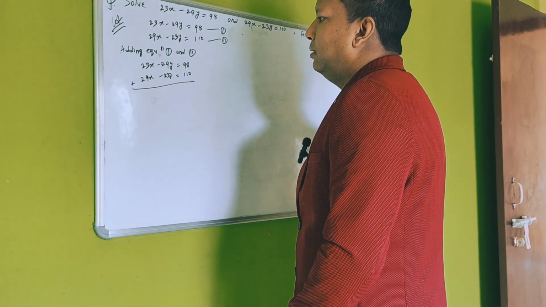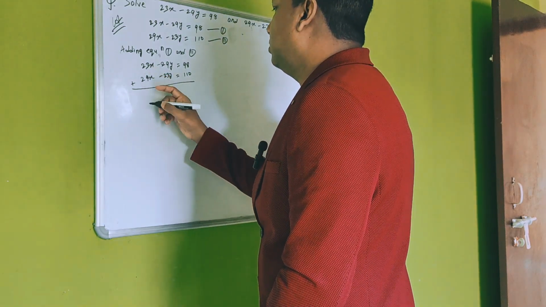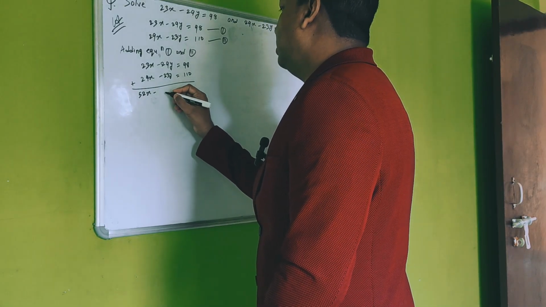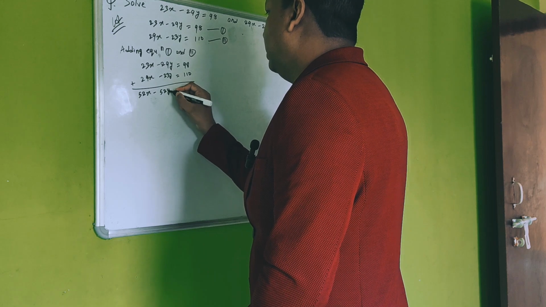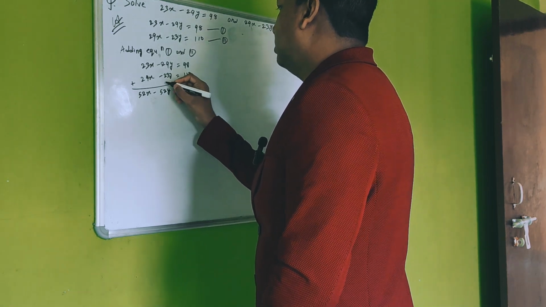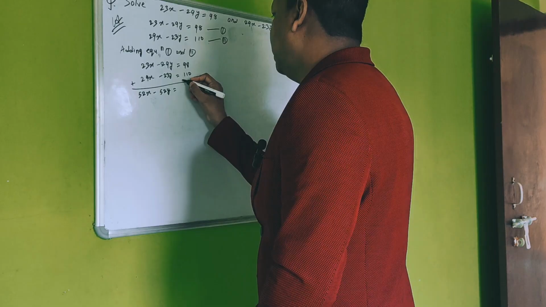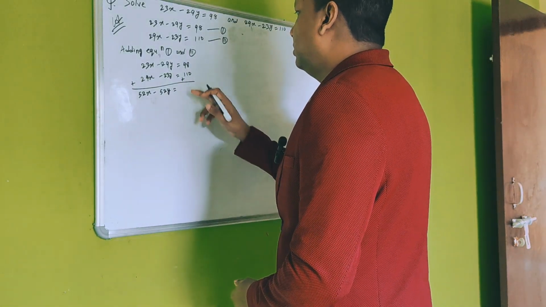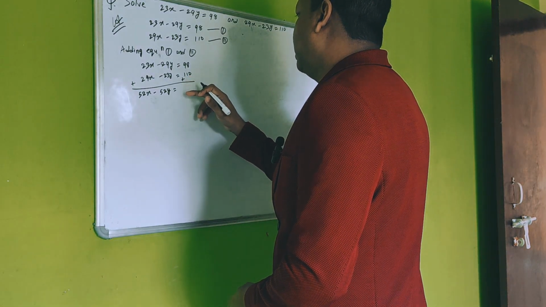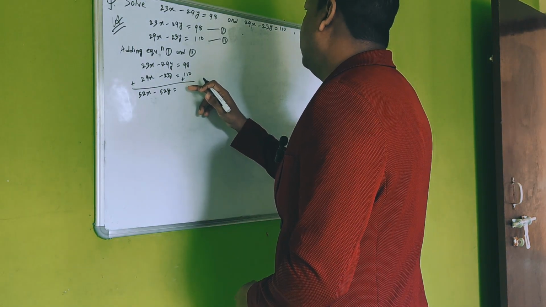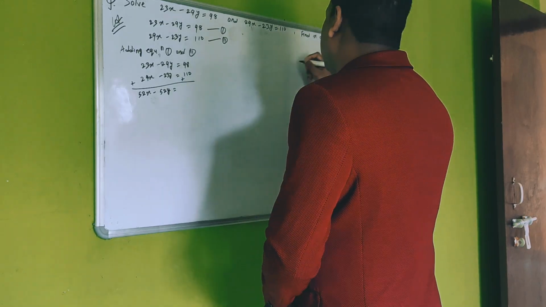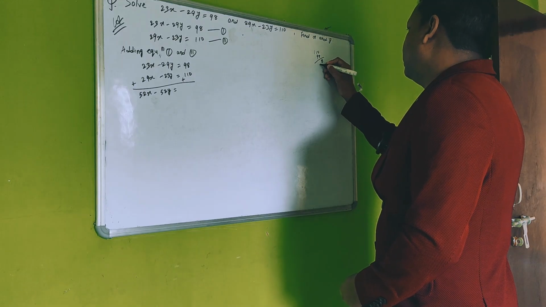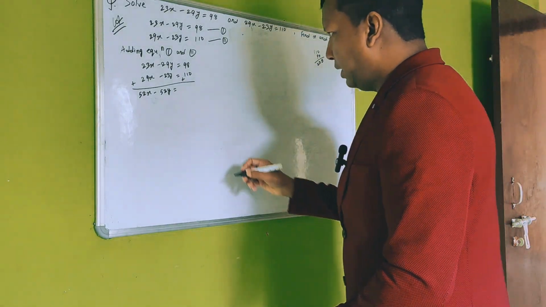So 23 plus 29 gives 52x, and minus 29 minus 23 gives minus 52y, and on the right side 110 plus 98 gives 208.